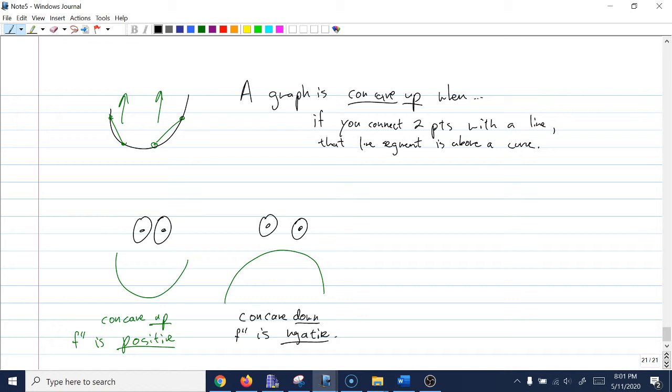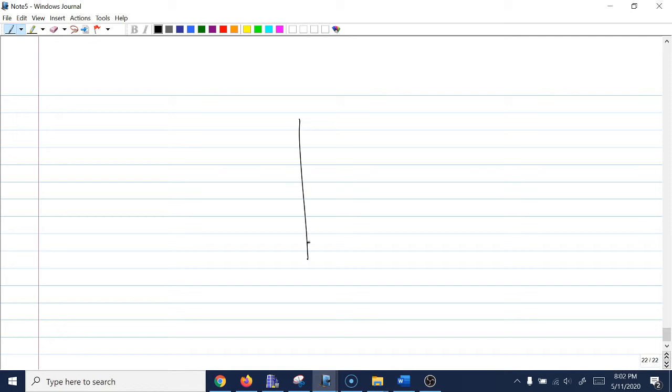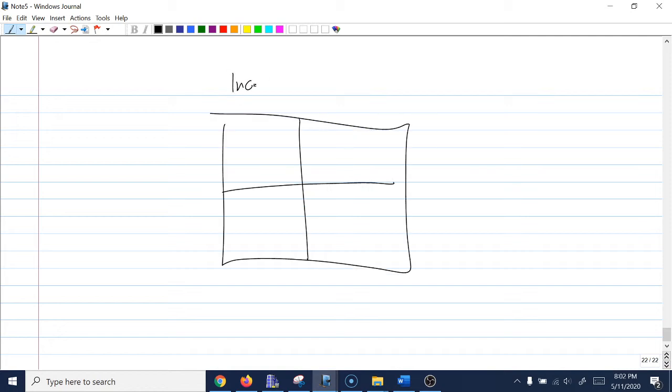It's really easy to jump to some wrong conclusions about, well, if you're increasing, then you must be concave down, or if you're decreasing, you must be concave up or something. And those conclusions are not right. The increasing and decreasing are independent of concave up and concave down, meaning any of them can exist.